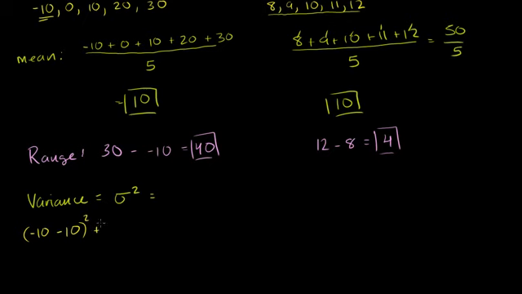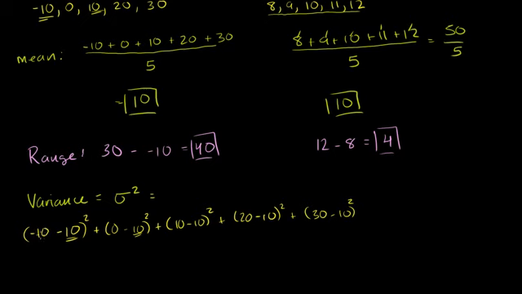Plus the second data point, 0 minus 10, the mean, this 10 right there, squared. Plus 10 minus 10 squared. That's the middle 10 right there. Plus 20 minus 10 squared. Plus 30 minus 10 squared.